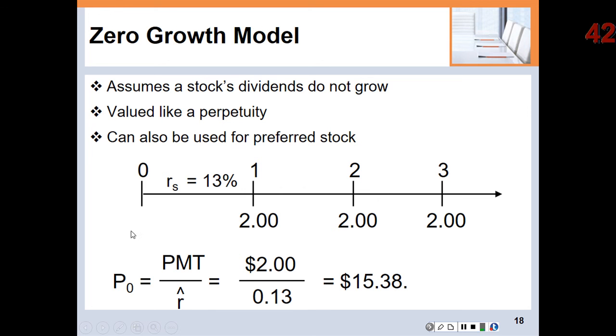This is what you'll be given on your formula sheet for the final exam. And you simply plug in the $2 dividend divided by the required return, and you come up with the expected price of $15.38 per share. It's that simple. You don't have to worry about putting things in your financial calculator. It's simply plugging numbers into the formula. So that's the zero growth model.